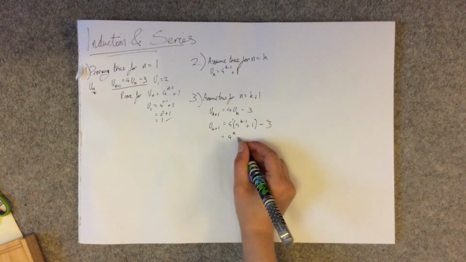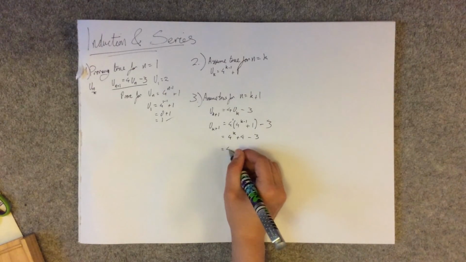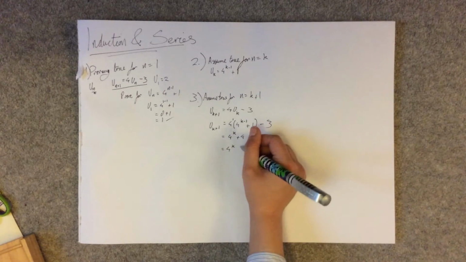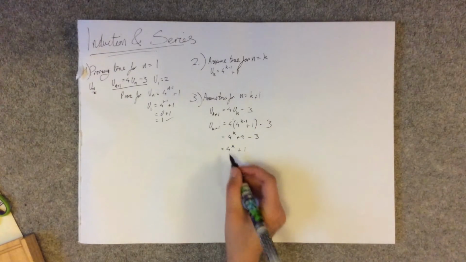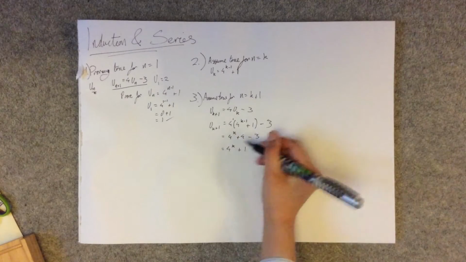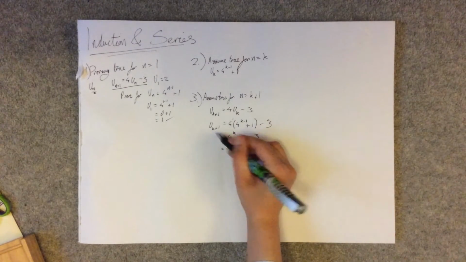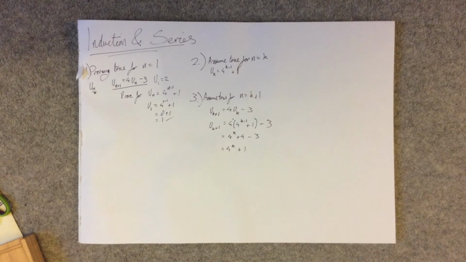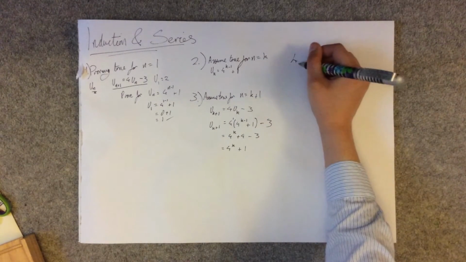And then obviously it's just plus 4 minus 3, which goes to 4 to the k plus 1. And as we started with k plus 1, 4 to the k is equivalent to 4 to the k plus 1 minus 1. Ta-da!